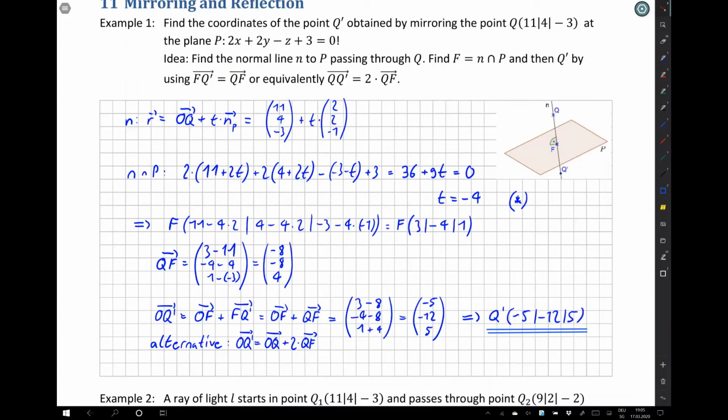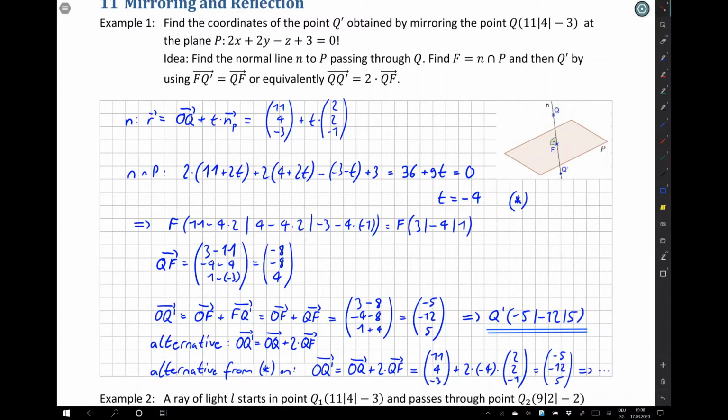An alternative way to find the coordinates of Q' is to use the fact that the vector QQ' is just double the vector QF. And we get this relationship. We can use this alternative to get an even simpler solution where we don't have to calculate at all the coordinates of the point F, namely just starting here. Since t is -4, then -4 times (2, 2, -1) is just the vector QF.